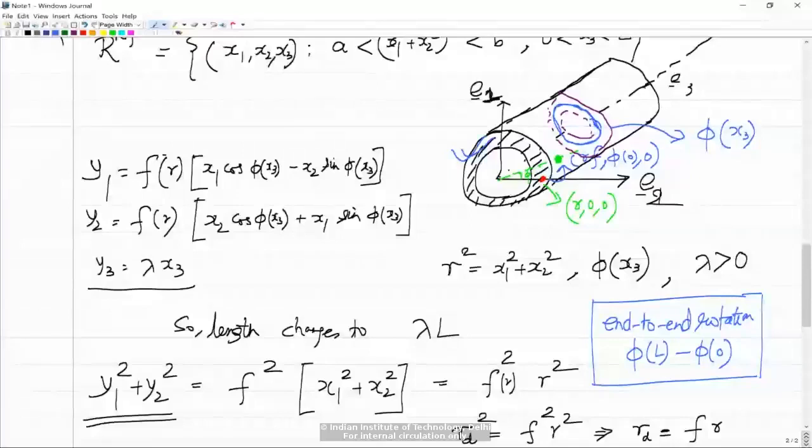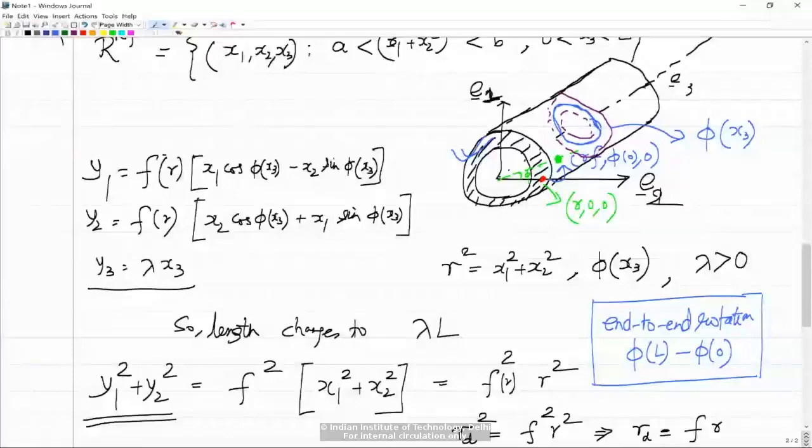So what do you think? How much is the twist? Anyone? L into phi of x3 by small r. Well, that's a very interesting formula, but it is not true.